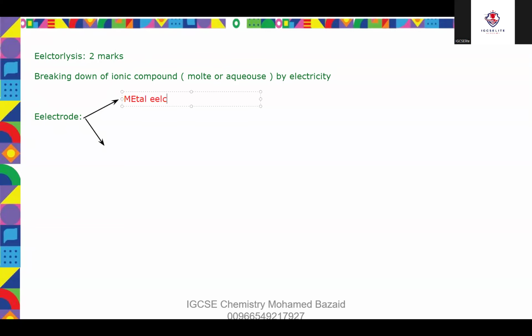Platinum. You must write platinum. And the non-metal electrode is what? Graphite. This is graphite.